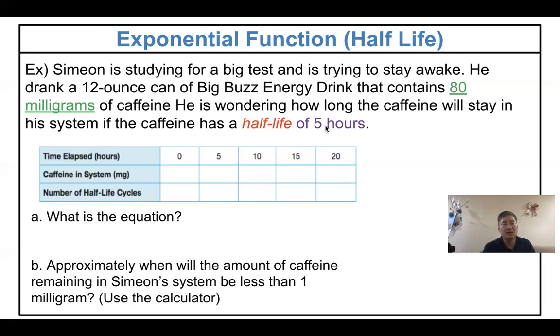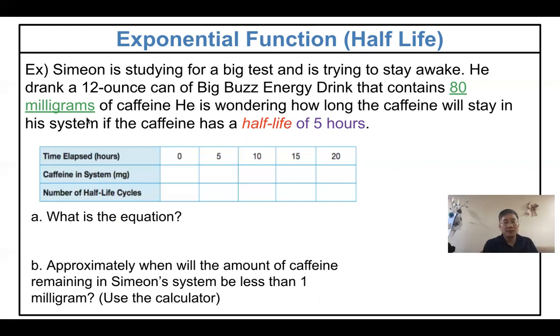What was the initial amount in the can? So don't be confused. 12 ounce was not the initial amount. It was the can size, right? But the amount of caffeine was not 12 ounce. How much was it? Yes, 80 milligrams. That's also very important. So how do you write down the equation?